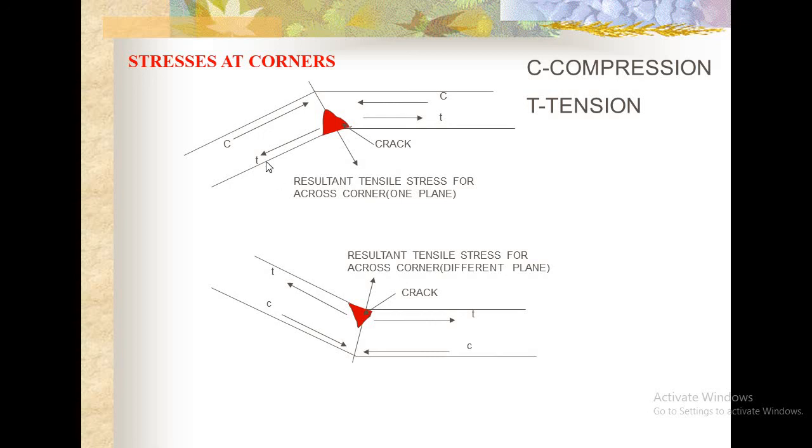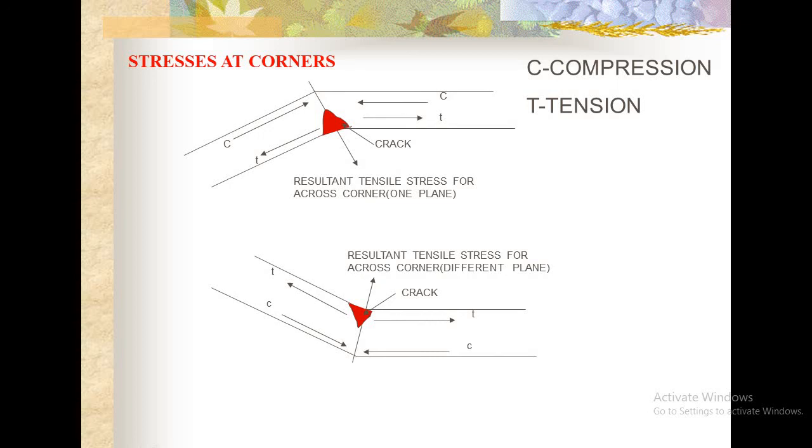Stresses at corners. Actually, this is the way stresses occur at corners. At the top, compression; at the bottom, tension. Sometimes the angle of the slab is like this, sometimes like this. So there is a chance of some cracks like this because of the resultant tensile stress across the corner.